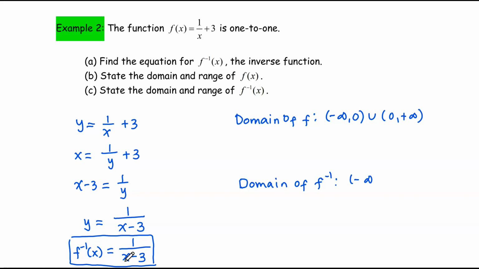So that means the domain is negative infinity to 3 union 3 to positive infinity. That's the domain of the inverse, and we know that the domain of the inverse is actually the range of the function. So the range of the function is negative infinity to 3 union 3 to positive infinity.